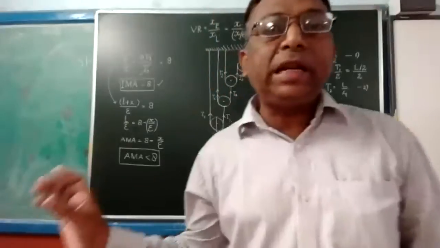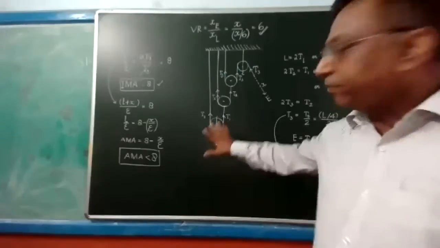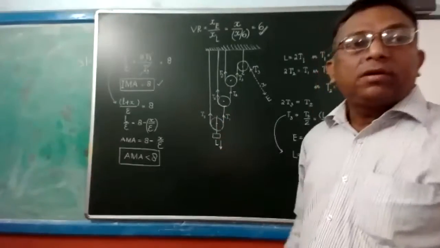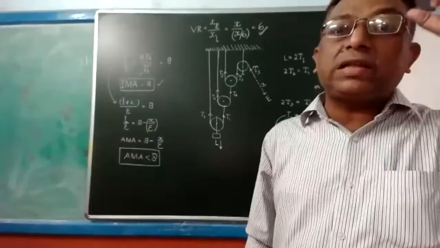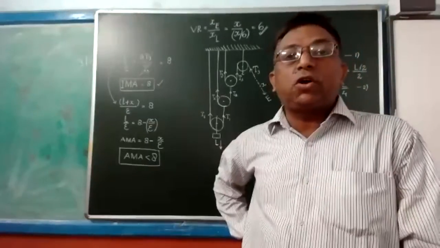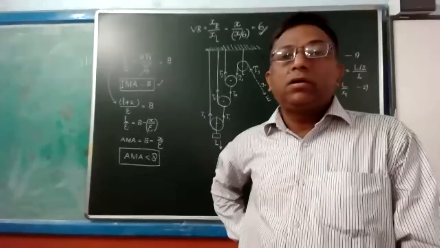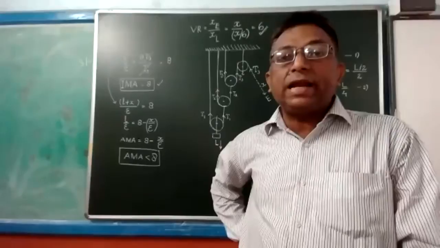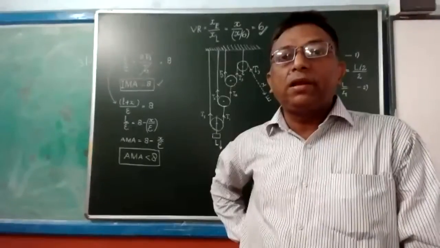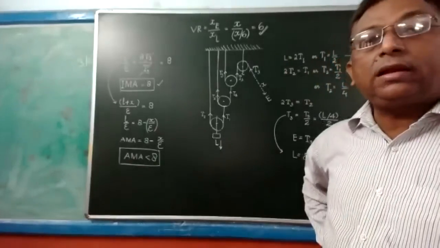So this is a very typical pulley. But don't say how many pulleys there are. Yesterday one student asked whether the velocity ratio can be the total number of strands of the mobile pulleys. Here it is correct.